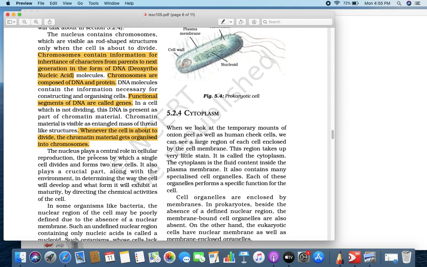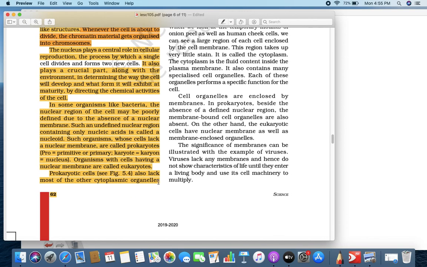Whenever a cell is going to divide, who will help? The nucleus will help. Whenever a single cell divides and forms two new cells, the nucleus plays a very important role in dividing it.